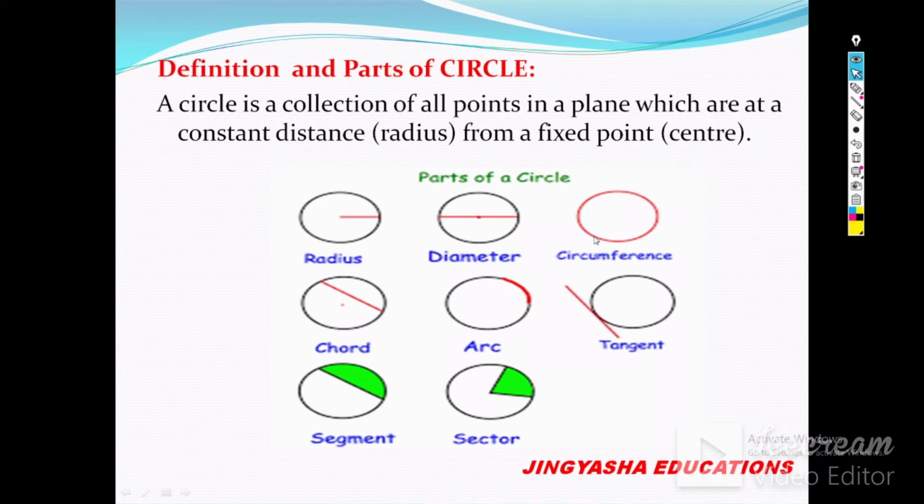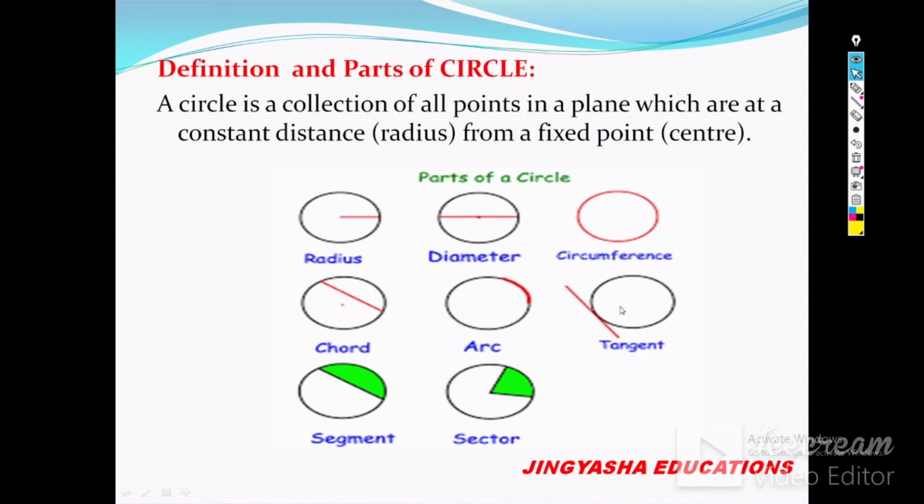This is the circumference. A chord is anything that you draw inside the circle, and both ends of the chord should be on the circumference. That is a chord. And the longest chord is the diameter. An arc is a part of the circumference. You can see it's a part of the circumference.